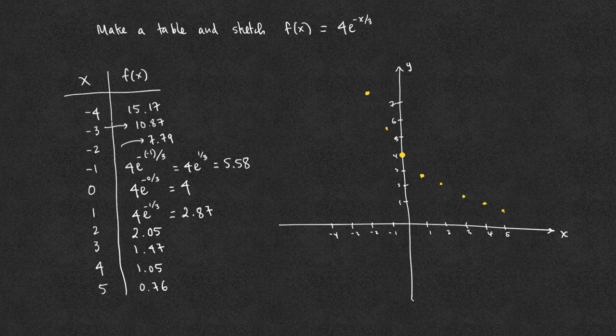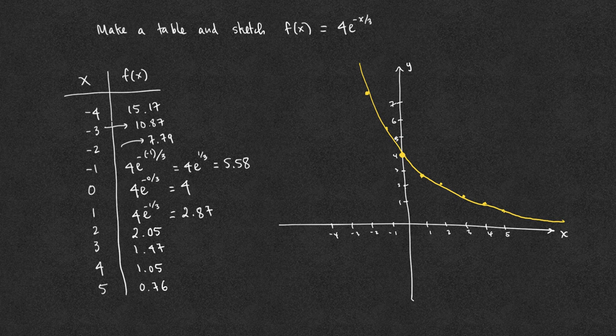We know that the y value cannot be 0 or negative, and so we will connect these points using a smooth curve. And again, we cannot hit the x-axis or go below the x-axis.